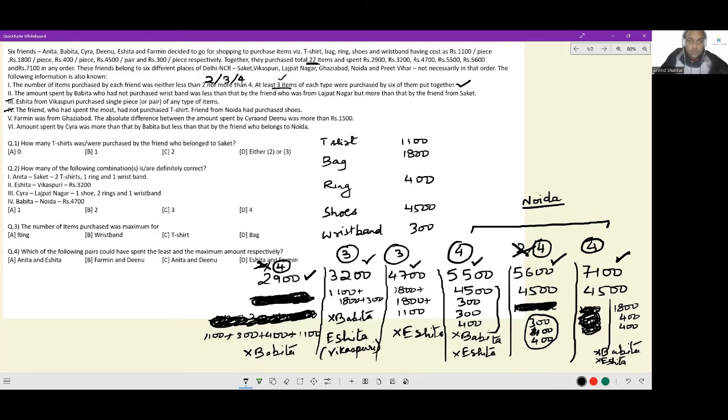We also know this wonderful thing: Babita has not purchased a wristband. That is worth 300, and 5600 already has 300. So Babita can't be here either. Babita can only be at one spot: Babita has to be at 4700. This is also guaranteed.